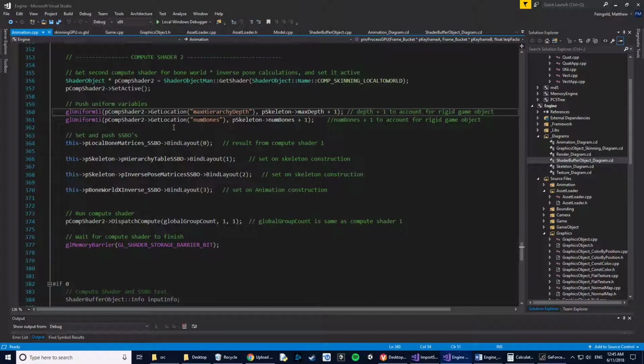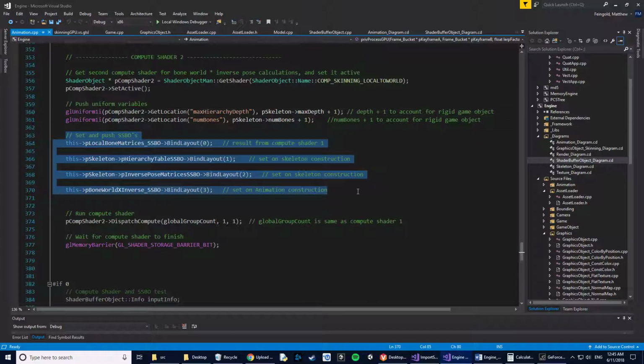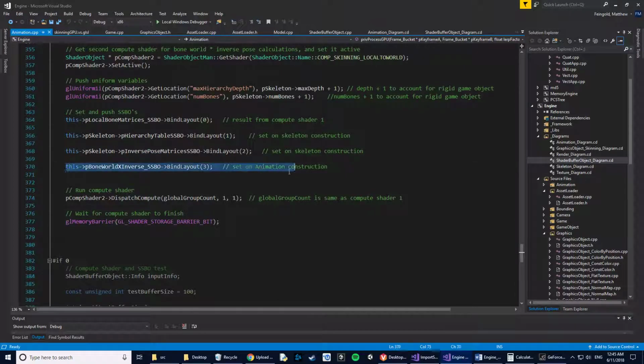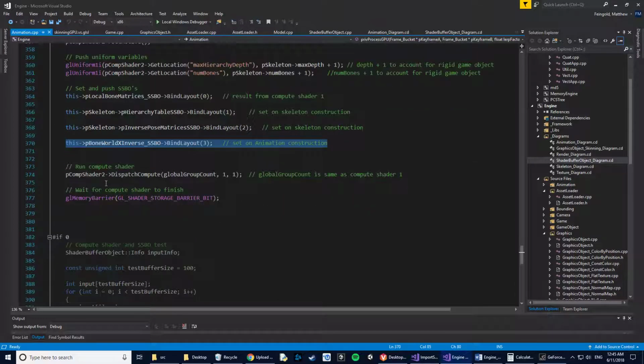And then I bind all of my SSBOs that I need. So this is the result of compute shader stage 1. These two get initialized on construction of the skeleton because this is static data, the hierarchy table and the inverse pose matrices that you need for the skinning equation. And this is the output buffer that everything will go to.